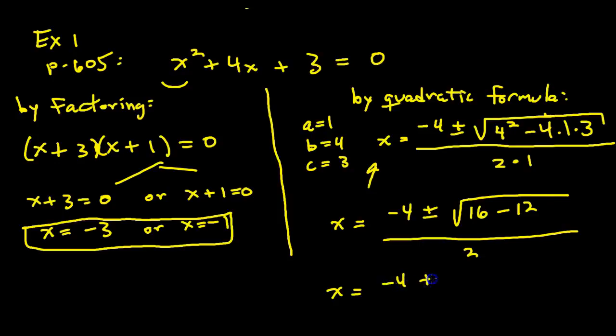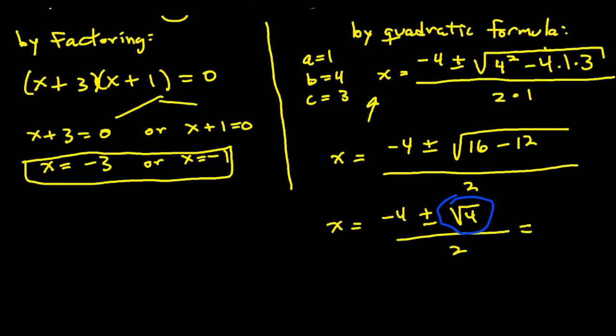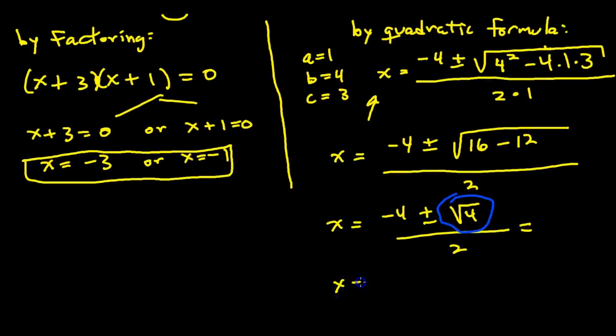I'll get minus 4 plus or minus the square root of 4 over 2. Now, we of course know that the square root of 4 simplifies to 2. So, I need some more room here. I'll get x equals, that square root of 4 turns into a 2.